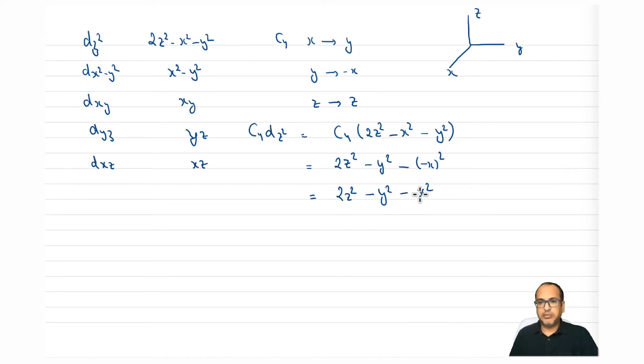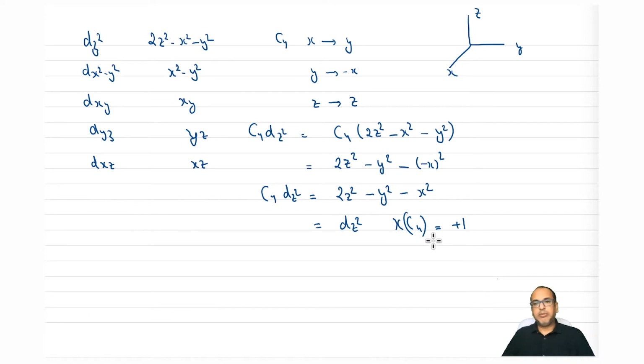So this negative becomes positive, and then you have negative here. Now that means C4 on dz square gives rise to dz square. That means the character under C4 should be equal to +1.